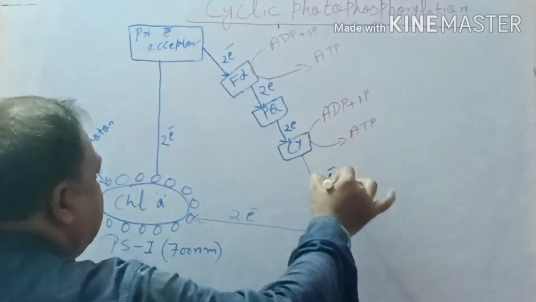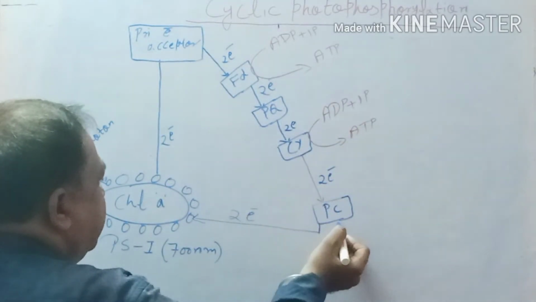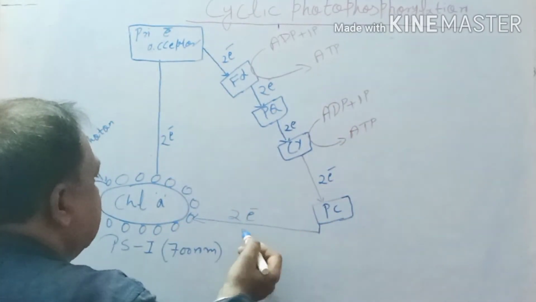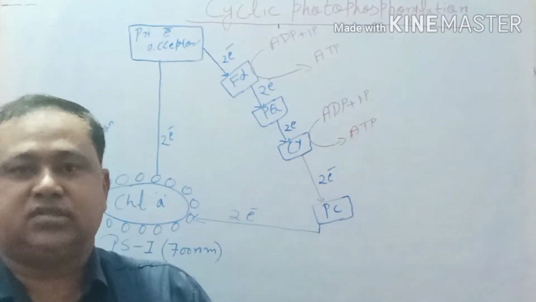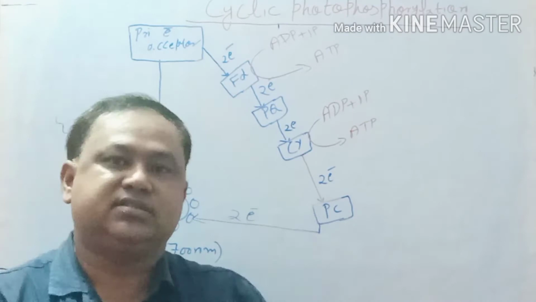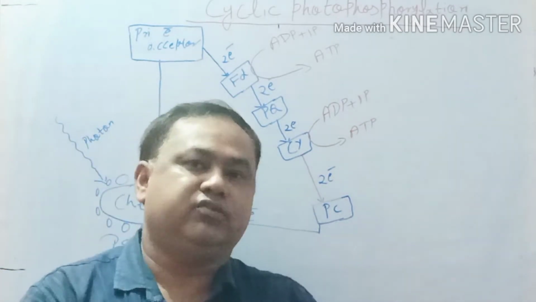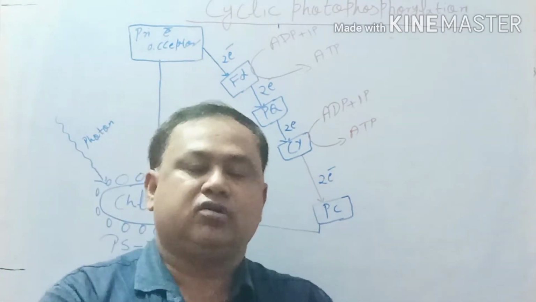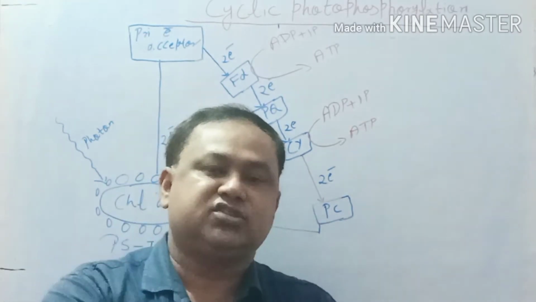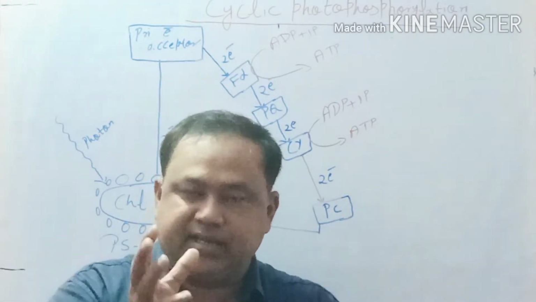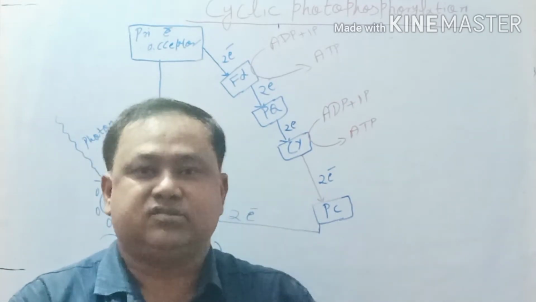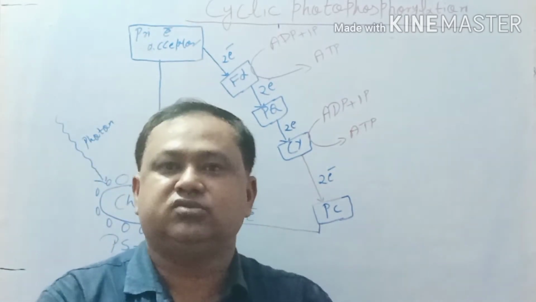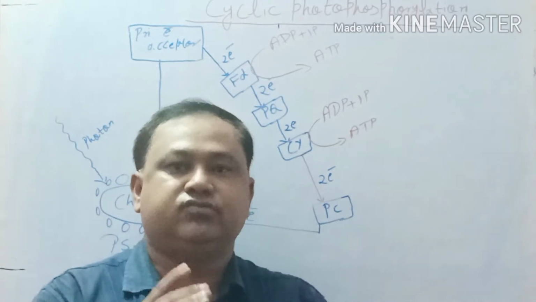After completion of the cycle, from PC it returns to the reaction center. As the pair of electrons returns to the reaction center again in a cyclic manner, the process is known as cyclic photophosphorylation.